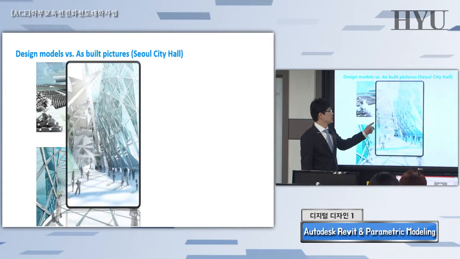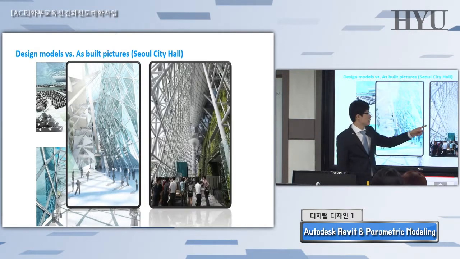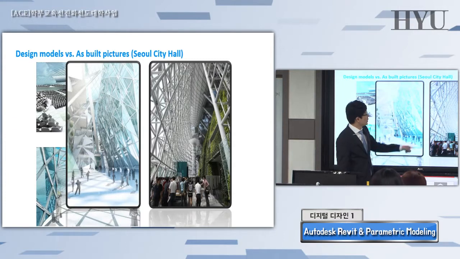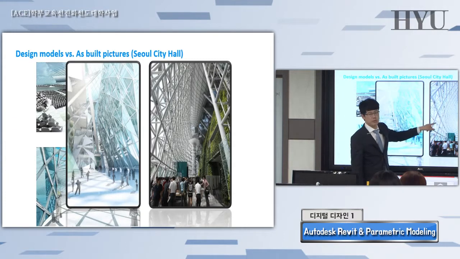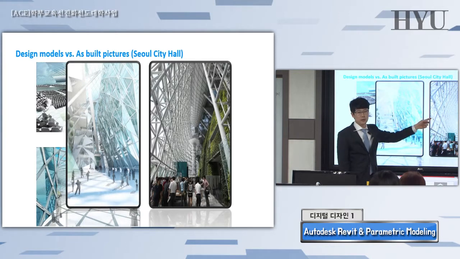And this is a more elaborated model in the design development phase. Something different, right? Some level of detail is getting better. But actually, this is the final product picture. Take a look at this truss structure. Totally different from here to there, right?